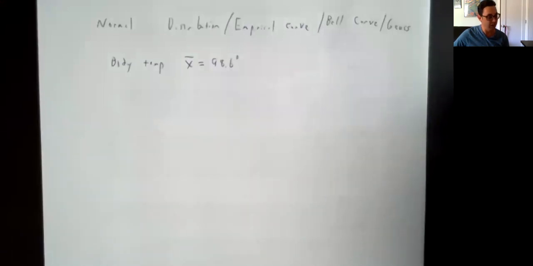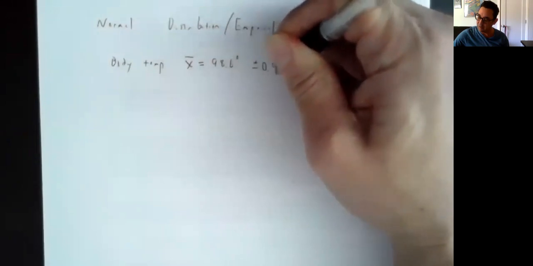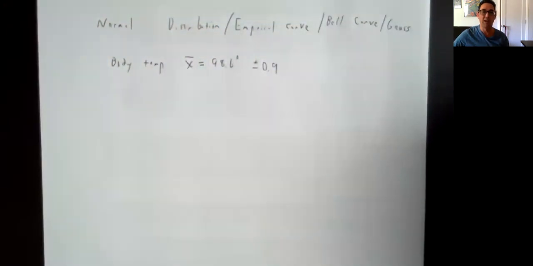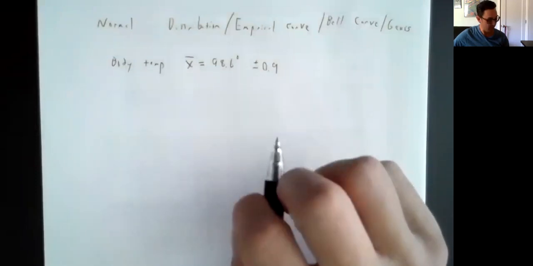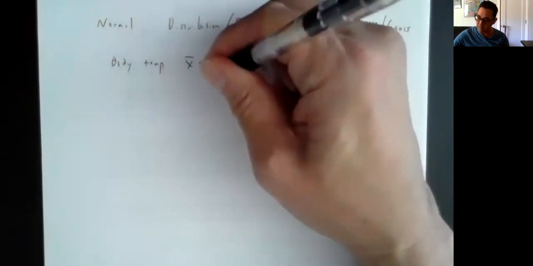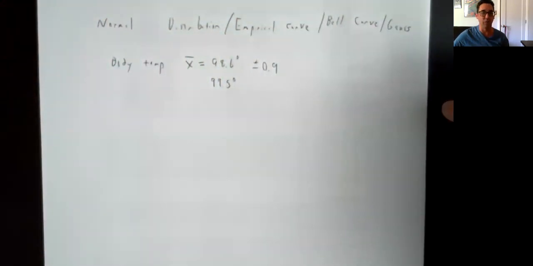And it turns out, I just kind of Googled this, but this actually seems about right and it fits our purposes. You could be anywhere plus or minus 0.9 degrees away from 98.6 and still be considered healthy, which means if you took 98.6 and added 0.9, you would get 99.5 degrees, and that is still considered healthy and normal, right?